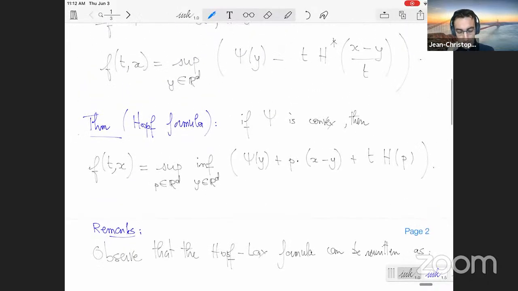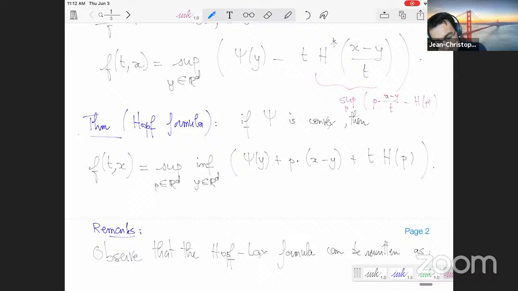So it's this here, but I'm going to rewrite this as the sup over p of p dot x minus y over t minus H of p. Then it's multiplied by t, and I'm going to insert this minus sign inside the supremum, so it's going to become an infimum.